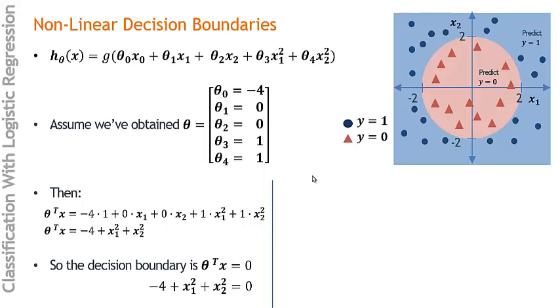And you can verify that if you take a point outside of the circle and evaluate this function here, you'll get a number bigger than 0. And if you evaluate a point inside, you get a number less than 0. So just the same as before, only now we have a nonlinear boundary instead of a linear one.